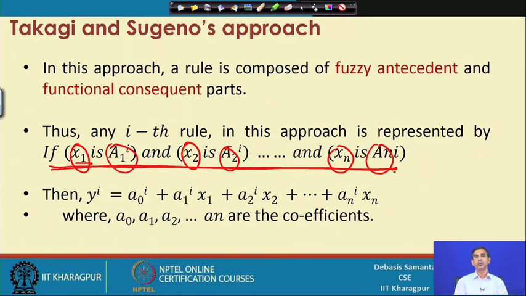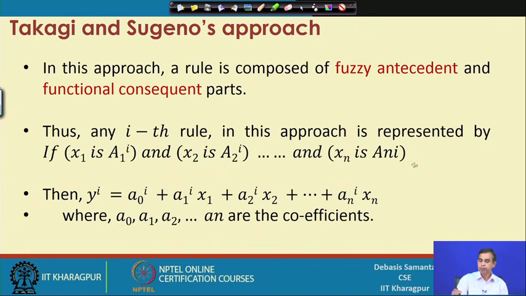Now, if this is the rule, then the output of the rule can also be expressed mathematically, and for this input the output is shown here. It is basically inputs x1, x2, xn, and a0, a1, a2 and an are the coefficients.